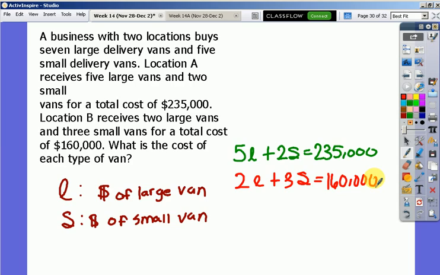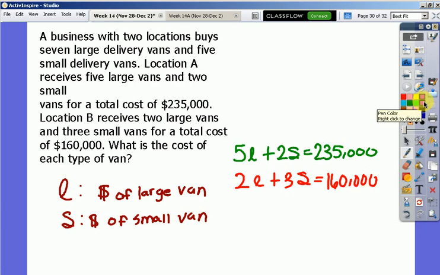All right. What is the problem here? What makes this system of equations more difficult than the ones that we've seen? Yeah, you have to manipulate both of these equations in order to get rid of one of the variables, right? So you can approach this in a number of ways. The way I'm going to show you is just one example.